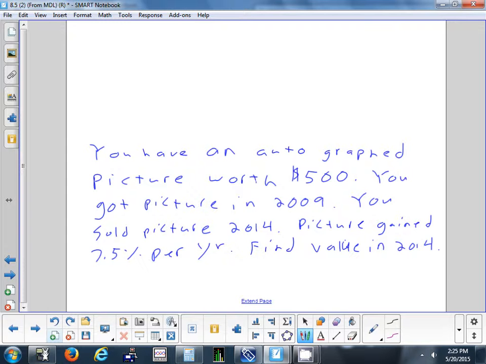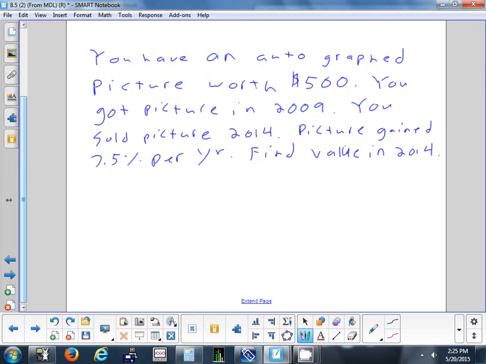Okay. How would I do this? Anybody see any numbers here that would represent a certain letter in the formula? The 7.5 would be R. Okay, 7.5%. How do we rewrite it? 0.075. Good.